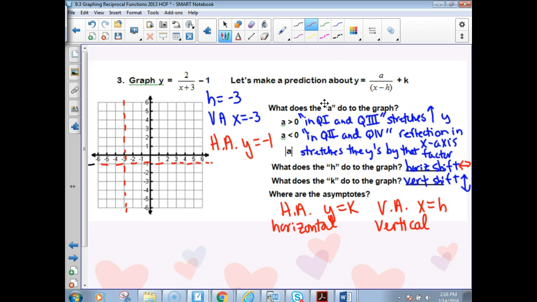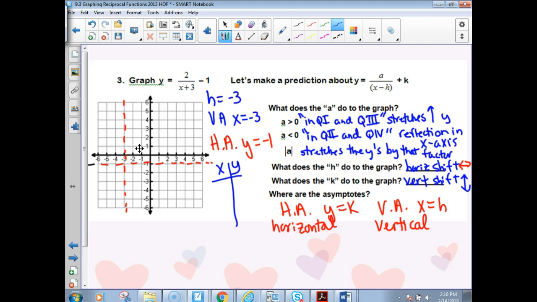Now, here's how you decide what to pick, because you might be going, well, what am I supposed to plug in? Well, what makes sense? Numbers that will make this easy to figure out. And if you know where your asymptotes are, then you've got a guide for which numbers to plug in. My asymptote's at -3.